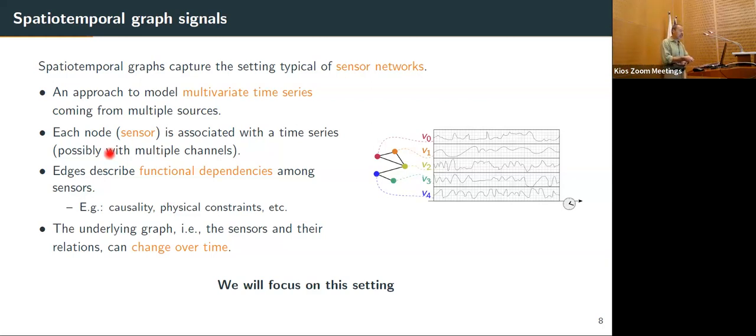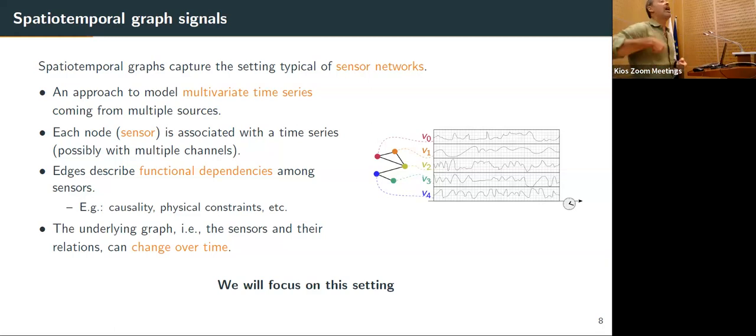Edges describe functional dependencies. What does it mean? If we have a series, they might be somehow related. The relation we are interested in is functional. If it is also physical, so I'm physically connected to you, fine, but the functional dependency is more relevant.